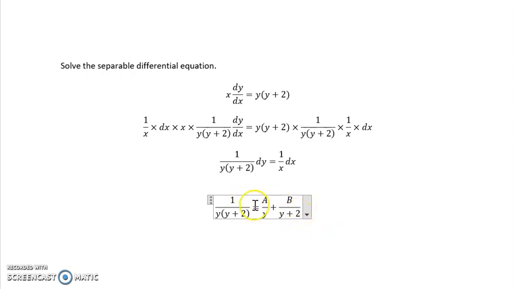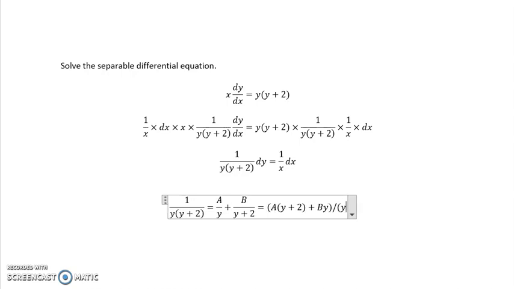So recall what we have to do is write this side of the equation with a common denominator. So a times y plus 2 plus b times y, and then our common denominator is y times y plus 2.